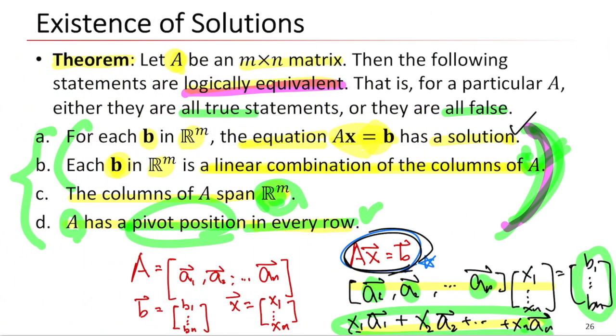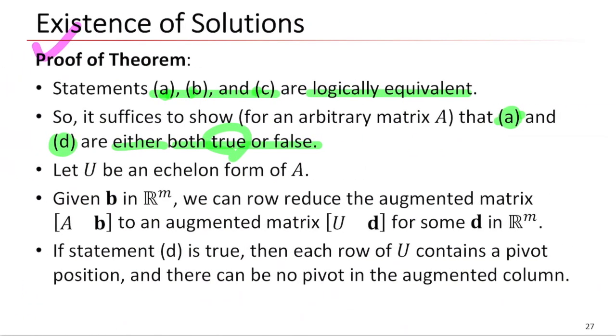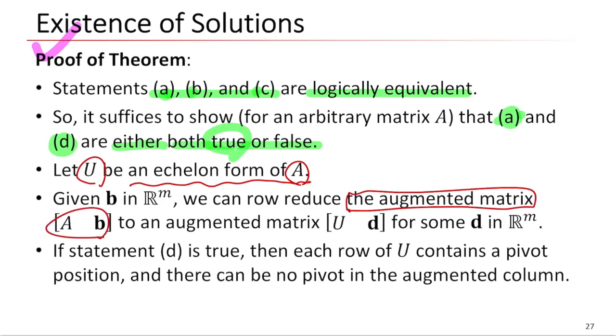We have a matrix A like this. To solve the system, we can represent the echelon form of the matrix A as U. Then we can represent the augmented matrix of our system, A and b, and reduce it to U and d, with some arbitrary vector d.